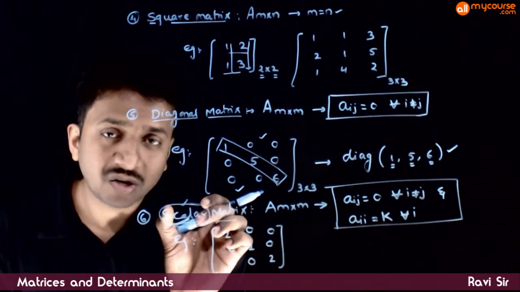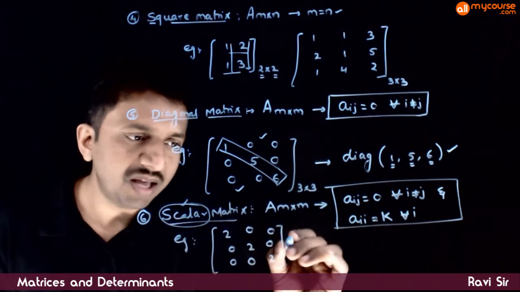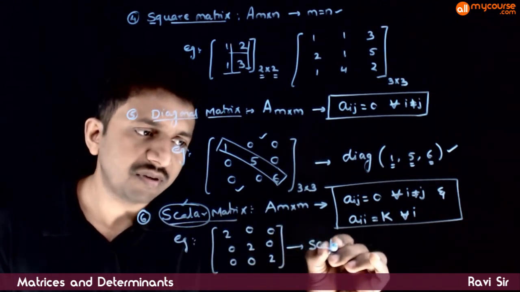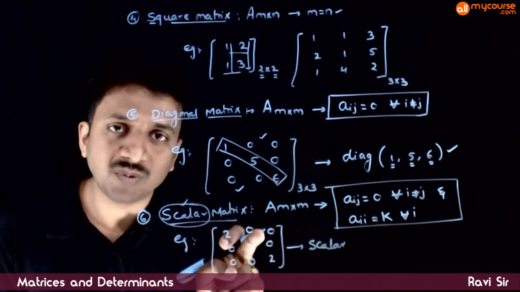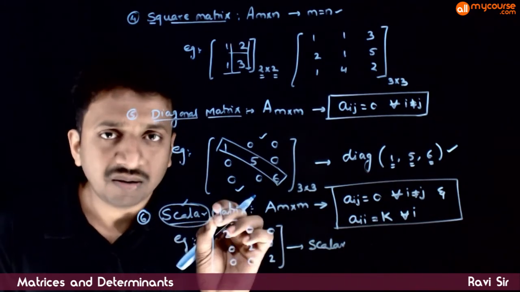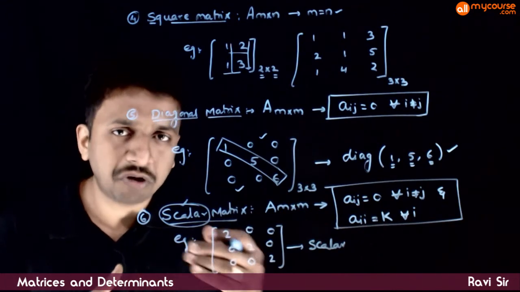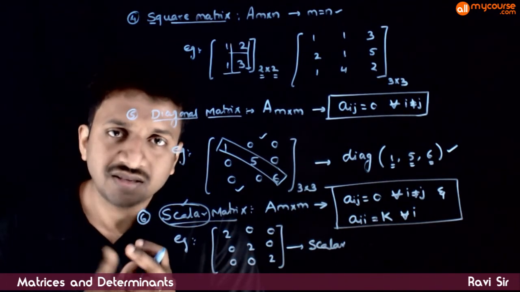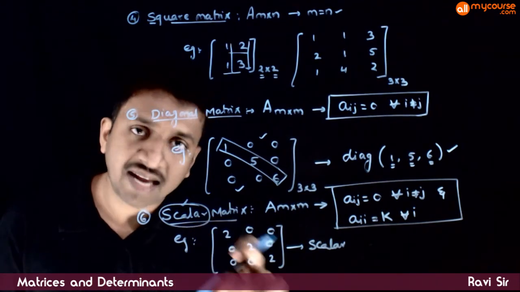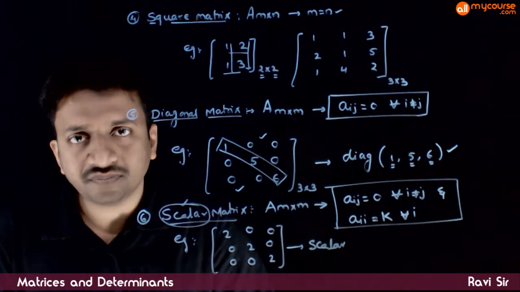This matrix is called a scalar matrix because it behaves like a scalar, that is, like a single number when it comes to matrix multiplication. So let us see it clearly in the topic of multiplication. For now, a scalar matrix is a matrix whose diagonal elements are equal and non-diagonal elements are zeros.